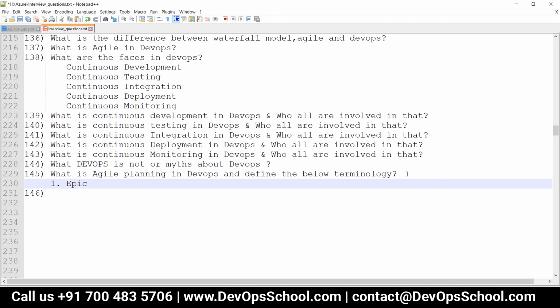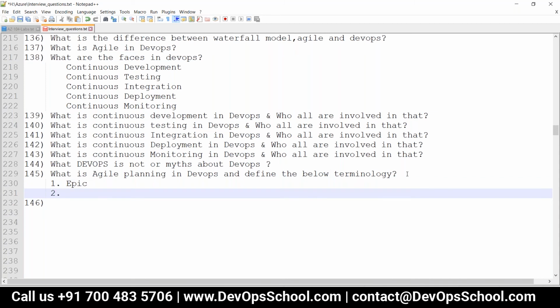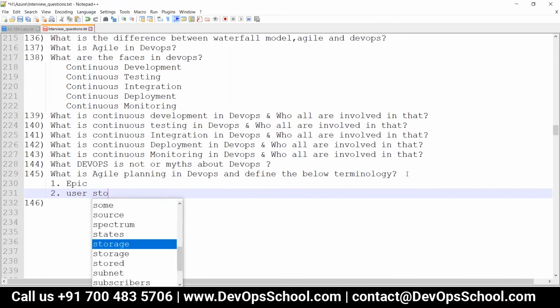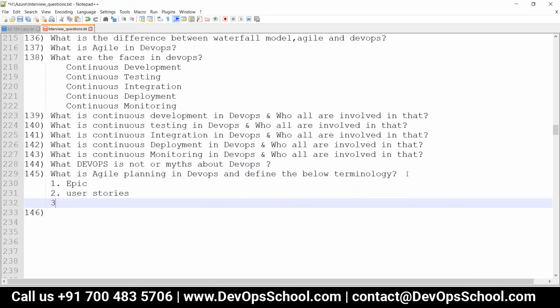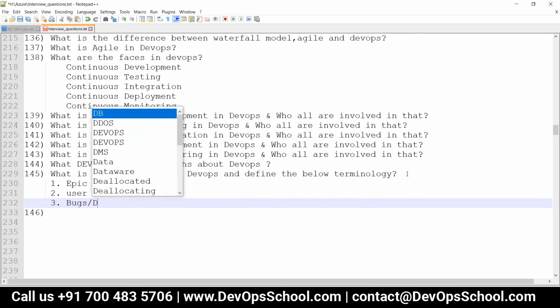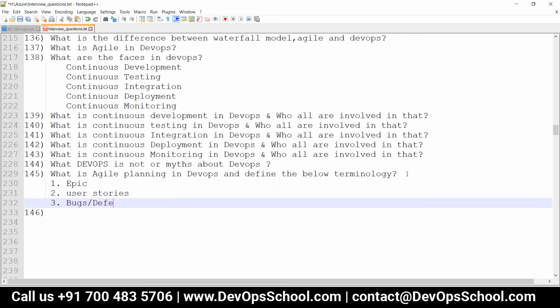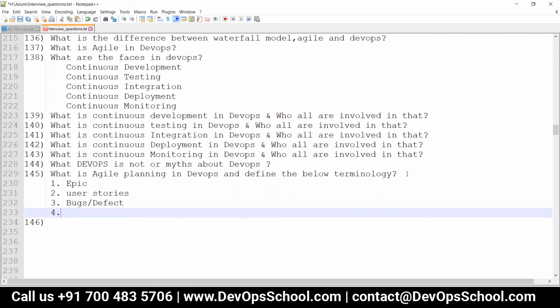Next. User stories. Yes, correct. Next. Epic is high level, user story is low level. Yes. Next, third: bug/defect. Next, error.